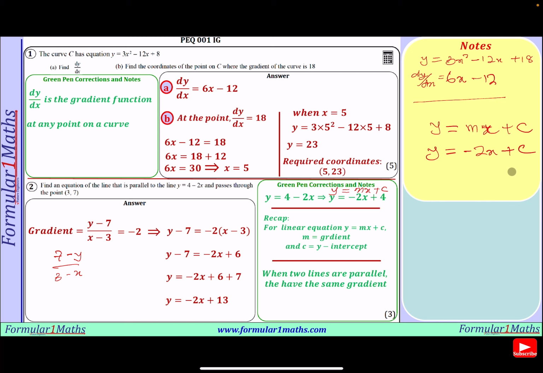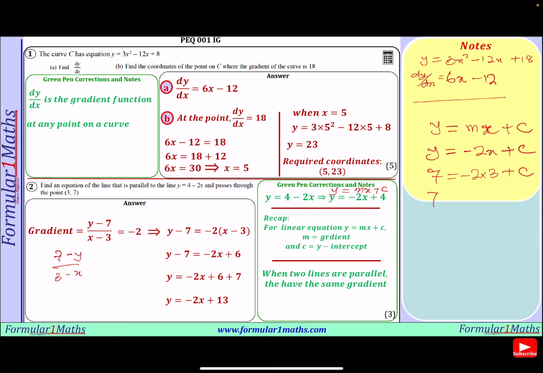We've got one value each of x and y given. So we do our substitution, because we now know that when x is 3, y is 7. So we can say 7 equals minus 2 times 3 plus c.